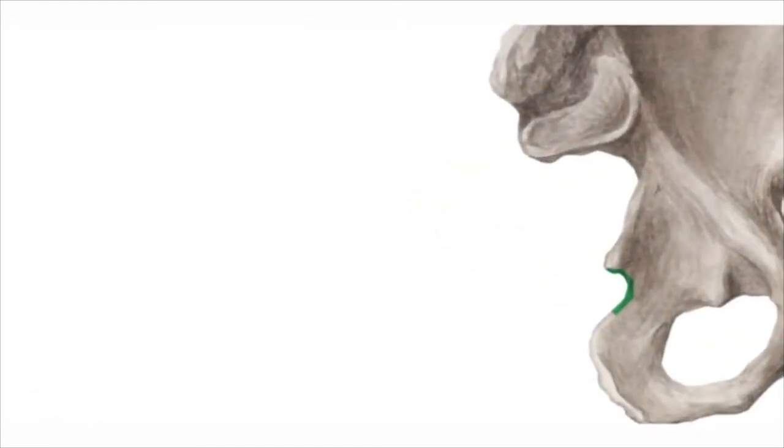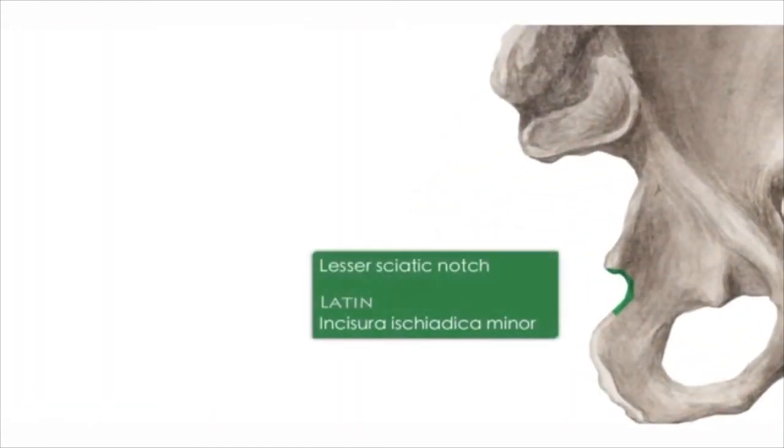Let's move on to the other notch, and this time it is going to be the lesser sciatic notch. And the lesser sciatic notch exists between the ischial spine, as you can see here, and extends all the way to another structure that we're going to talk about next, known as the ischial tuberosity, right here.